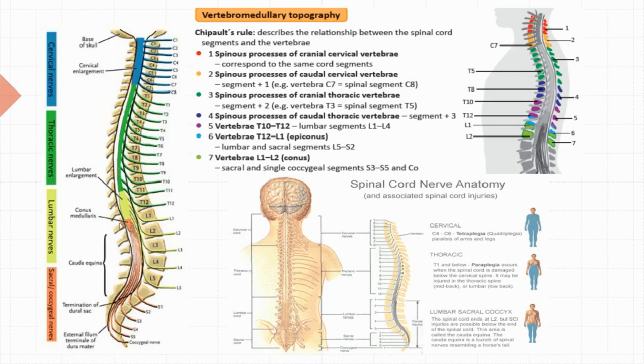So that's the discrepancy. Now, another question is there are 8 spinal nerves, but only 7 cervical vertebrae. Why does this happen? The simplest way to explain it is because if you think about it from an embryological point of view, there are actually 8 cervical vertebrae.